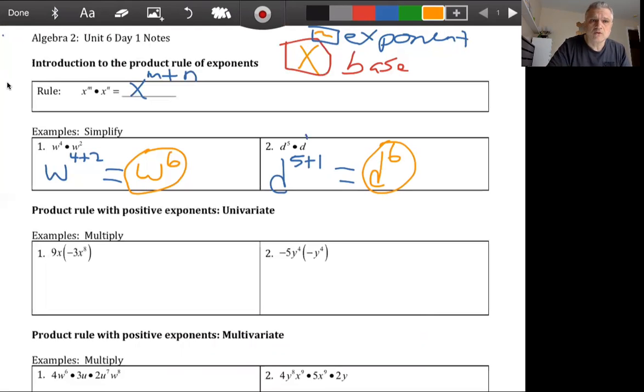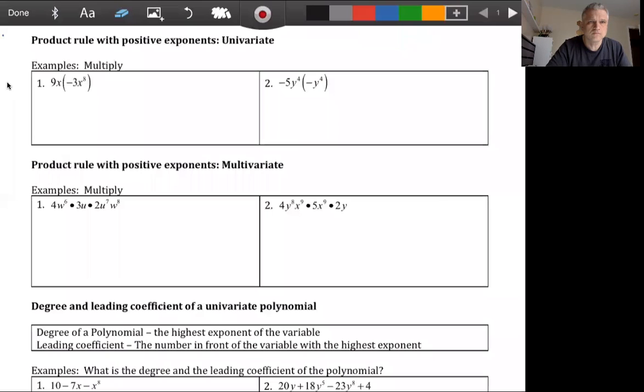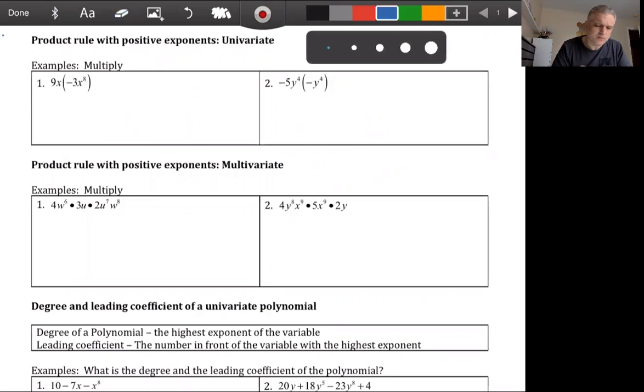Okay. So let's scoot this page up just a little bit. All right. So we're going to use the same rule when we multiply the base times the like base. So if you look at this next example, we have x times x to the 8th.